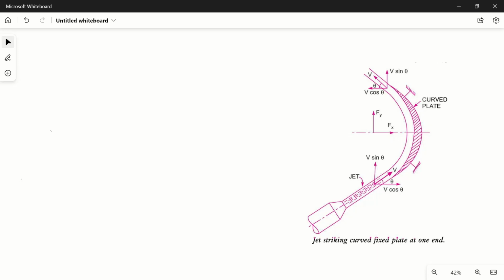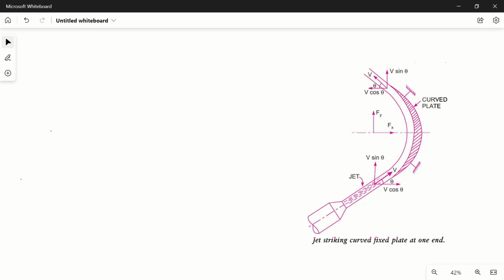So the velocity with which the jet is striking at one end will be the same as the velocity with which the jet is exiting this plate. After calculating these forces, we will try to find out the forces also on the unsymmetrical plate. Symmetrical plate means the angle theta at inlet and outlet is the same.